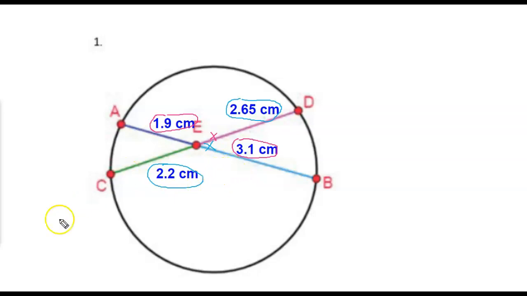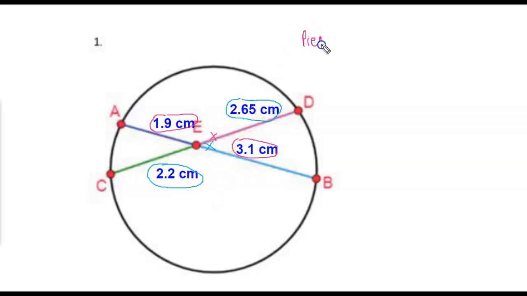And so we've set up an interesting proportion. We're making a conjecture that if I take the two pieces of a chord, because when these intersect inside the circle, each chord is cut into two pieces, we don't know that those two pieces are congruent, but what it appears to be is that if we multiply those two pieces, they do have to be equal to each other.